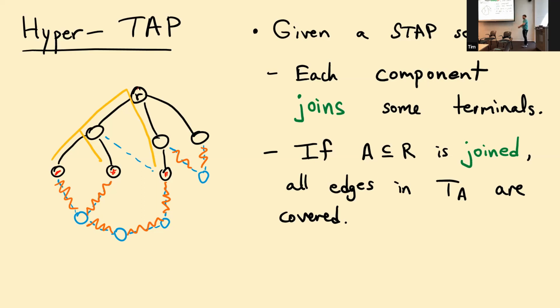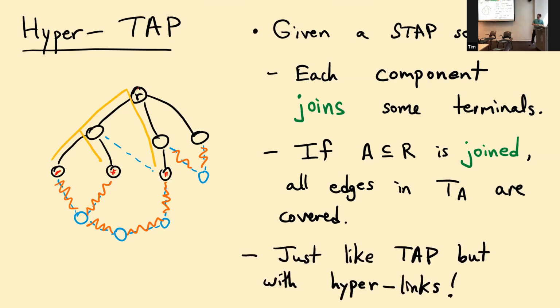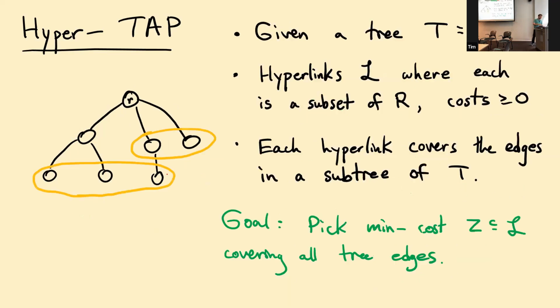While in TAP, you were adding things and this covered paths in the tree, now, if you look at hypertap components or just STAP components, it covers subtrees of the given tree. So it's just like TAP, but you can join arbitrary subsets of links.